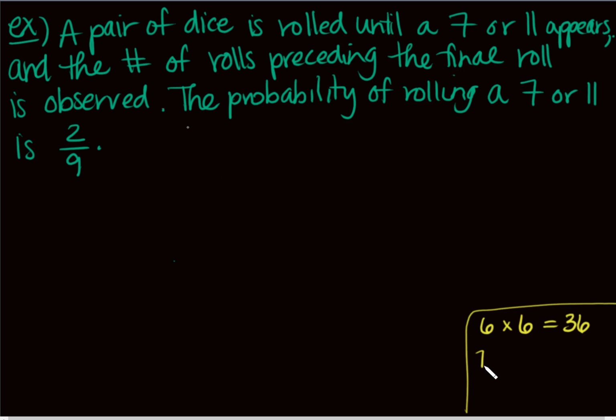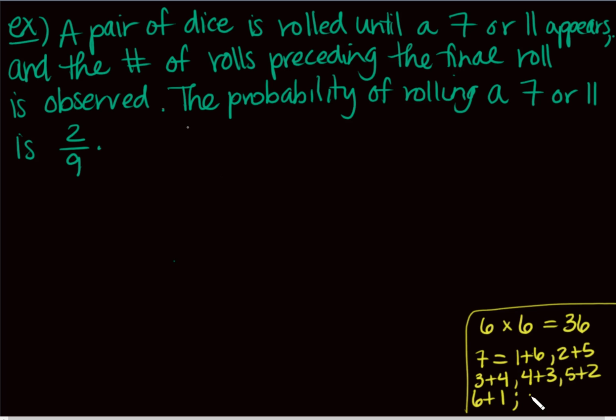Now, if I look at 7, how many ways can I get 7? Well, I could get 1 plus 6, 2 plus 5, 3 plus 4, or 4 plus 3, 5 plus 2, or 6 plus 1, depending on which is the first die and which is the second die. So there are 6 ways that I can get a 7 by rolling 2 die.